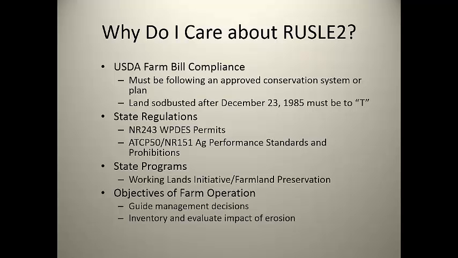One of the things too, dealing with producers and when they request assistance from us, we can use the tool to help guide management decisions that they do make. Some of the important things dealing with RUSLE2, one of the things that I failed to show planners is the leaching index, which is a component of RUSLE2.